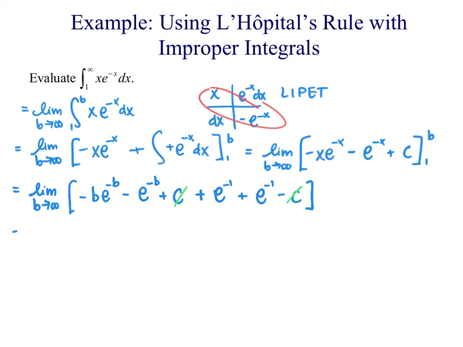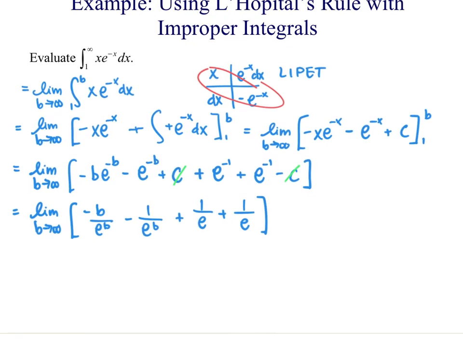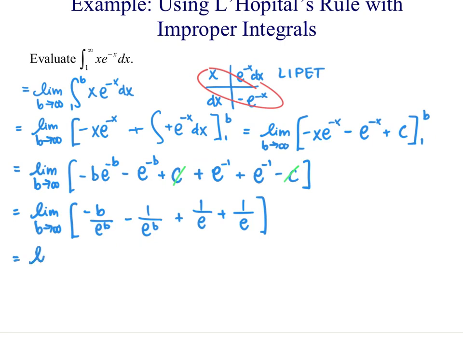All right, what do we have all together now here? The limit as b approaches infinity of negative b over e to the b minus 1 over e to the b plus 1 over e plus another 1 over e. Okay, so let's look at these kind of piece by piece.